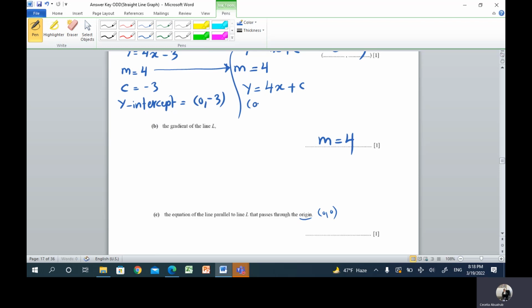So we're going to substitute y as 0 and x as 0. Accordingly, c is going to be equal to 0. So we know the full equation of this parallel line, which is 4x + 0. So y = 4x. So the answer here is y = 4x.